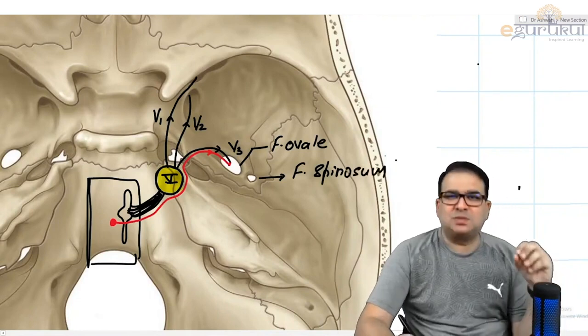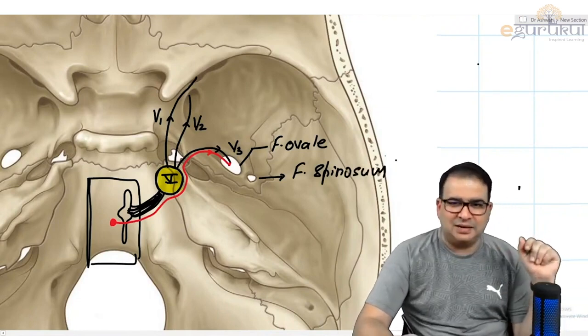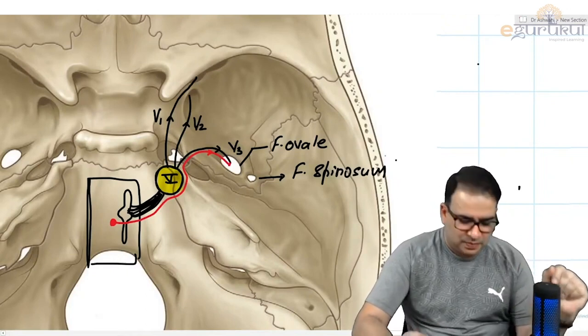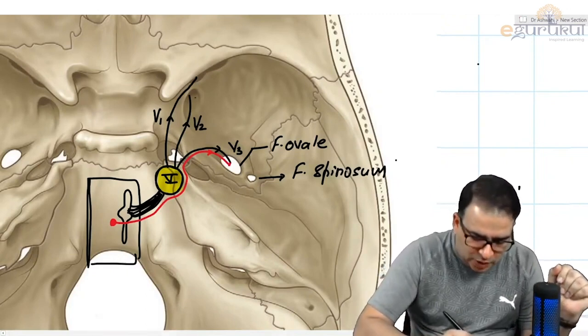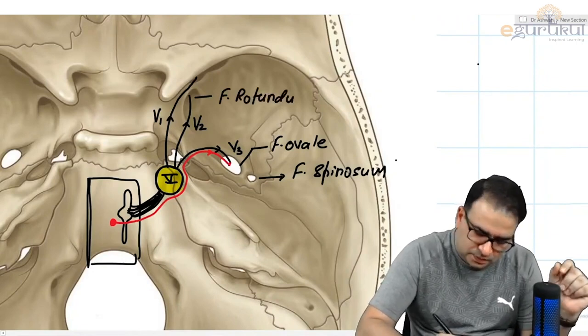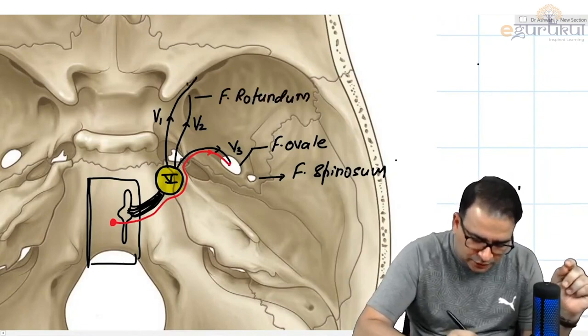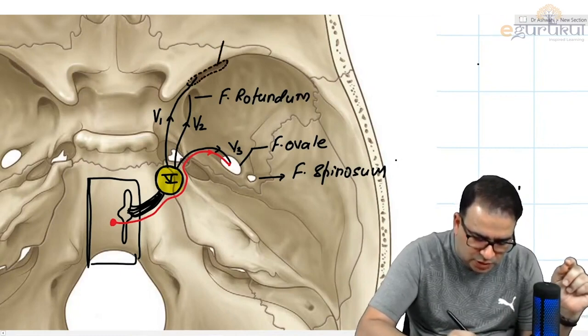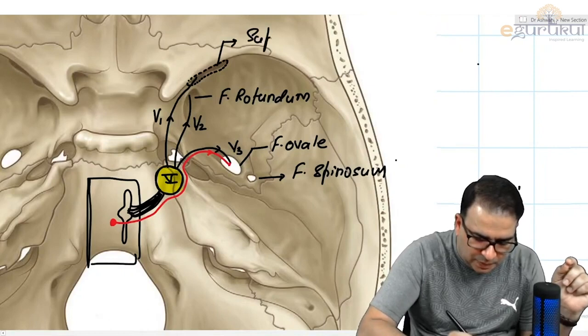Actually, it is very close to the spine of the sphenoid bone. We will discuss that later. That is called as foramen spinosum. Maxillary nerve is going from which foramen? That is called as foramen rotundum. And this ophthalmic nerve is basically going to go through which fissure? This fissure here is called as a superior orbital fissure.